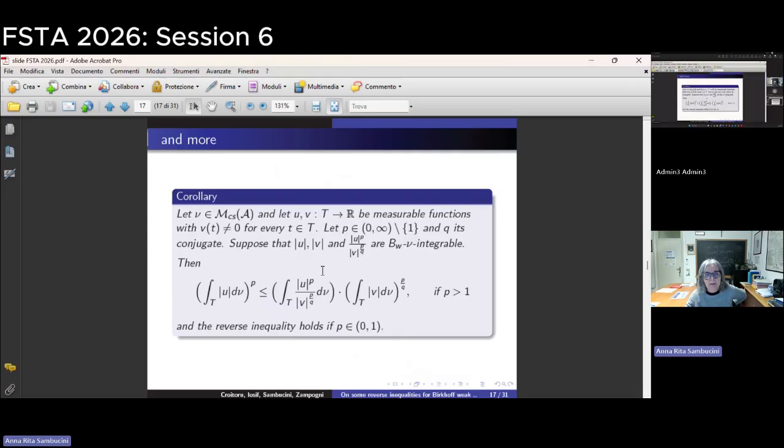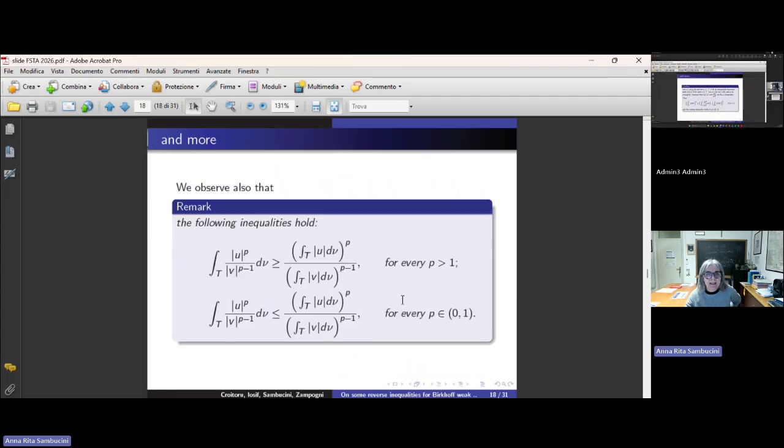This is the first one. I wrote here only the case P greater than 1, but we can reverse this inequality when P belongs to (0, 1). And this is the second group of inequalities divided by the value of P.